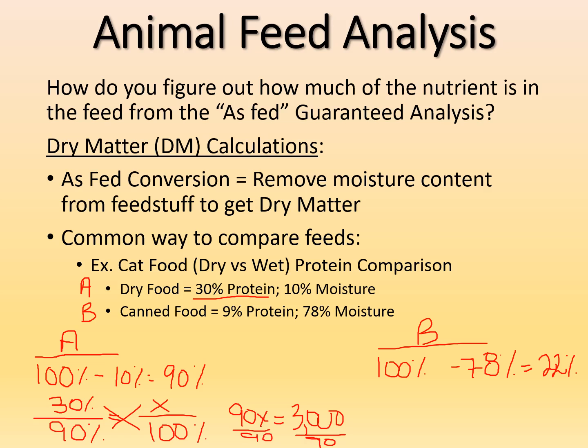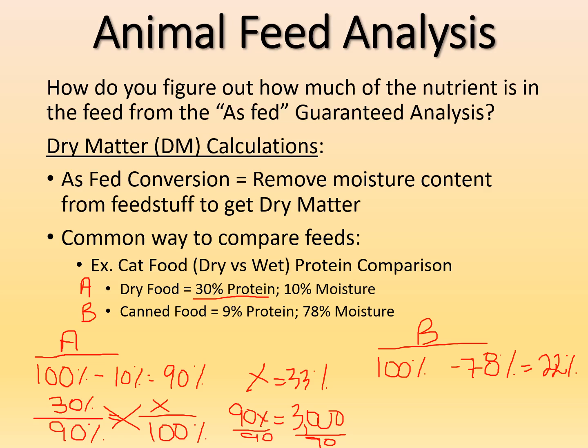If we have our calculator, x equals 33.3 essentially. So x equals 33%. That's how much protein is actually in there. And that makes sense that it's a little bit higher, but not too much because we have only 10% moisture.